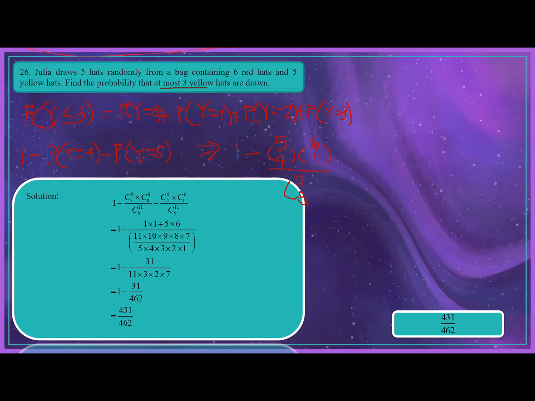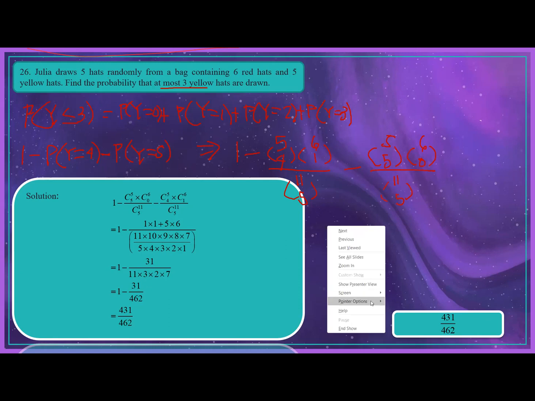This is your denominator: you have 11 hats, you choose 5 hats. Next, when y equals 5, that's 5 yellow and 0 for the red hats, over 11 choose 5.